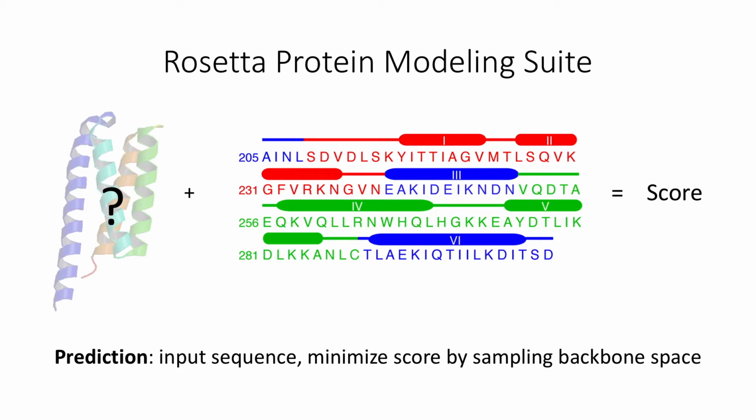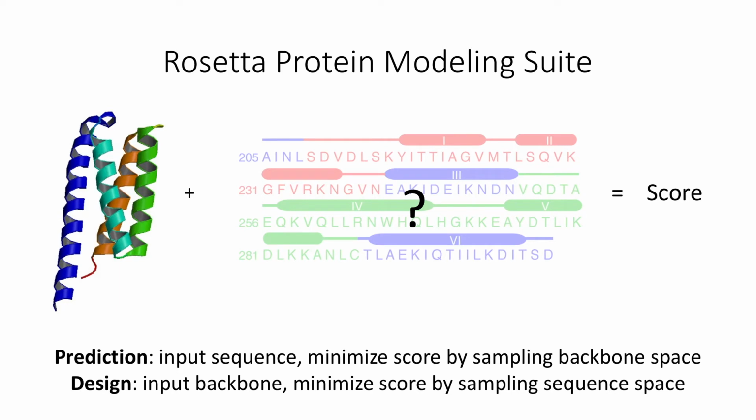One is prediction, where experimentally or in some manner you might have a sequence of a protein and you don't know what it looks like in space. You can just give Rosetta the sequence that you have, and then Rosetta will sample different conformations and optimize the score. The conformation that gives the best score is Rosetta's predicted folding pattern for that sequence.